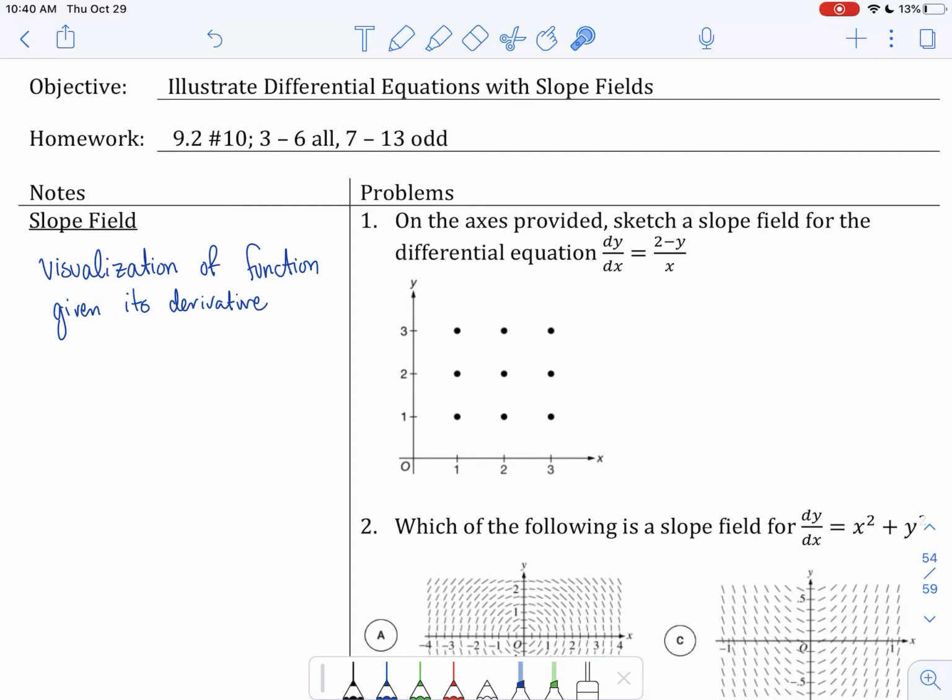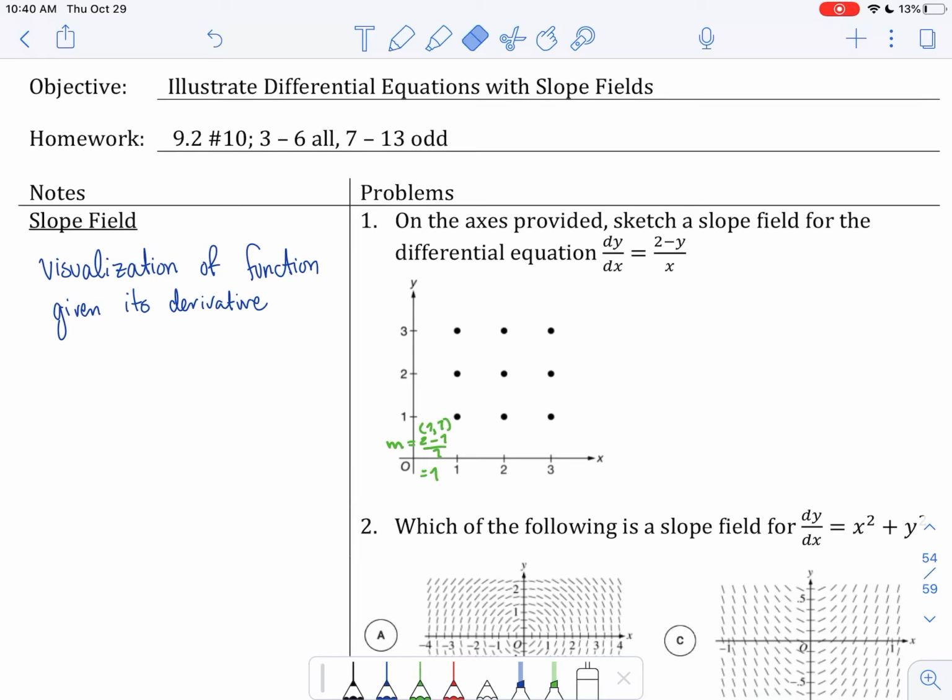So at these points, you will then just plug into the equation. For example, let's start at the point (1, 1). When plugged into the equation, its slope would be 2 minus 1 over 1, which means that it has a slope of just 1 at that point.